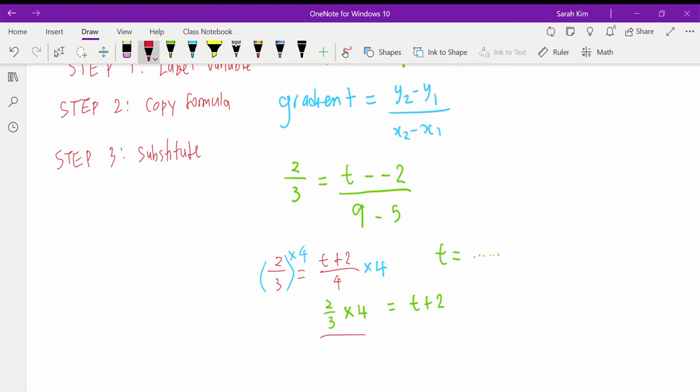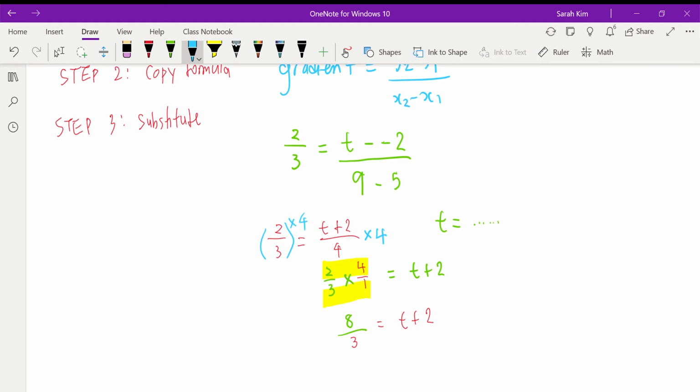Now, if you don't know how to do this, you can do it on the calculator, but when it's a times, you can make this into a fraction by dividing it by 1, so it just becomes 4 over 1. How you do times fraction is you times the numerators together, so it becomes 8, and then you times the denominators together, so 3 times 1, which is 3. Alright, and that is t plus 2.